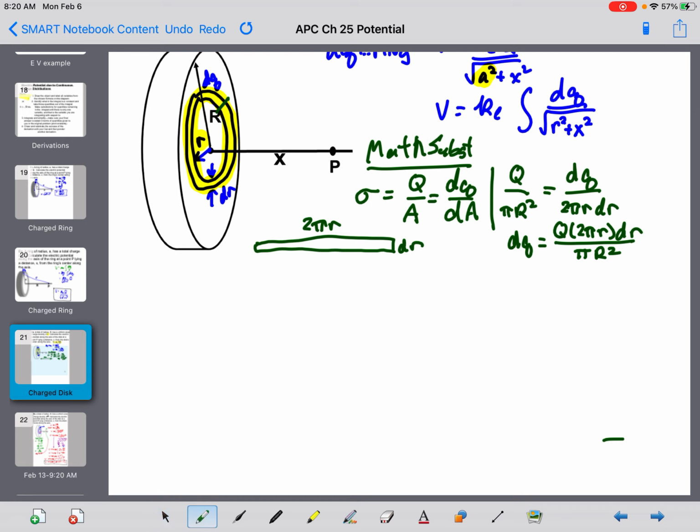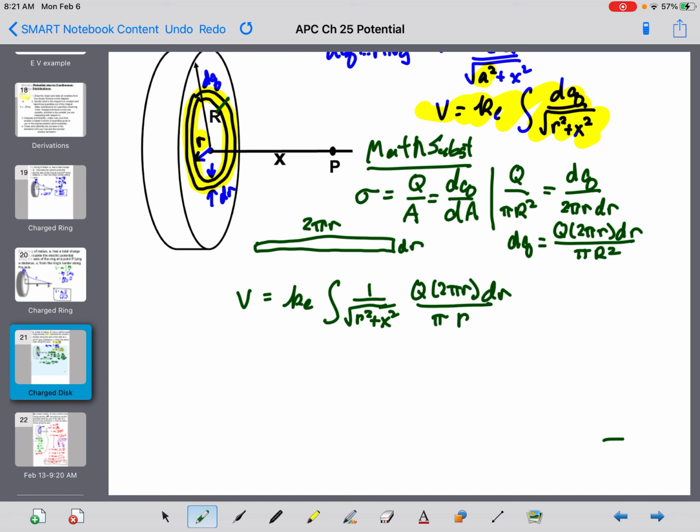If I substitute that dq into the equation from above, I'm going to end up with V equal to k sub e integral of 1 over the square root of r squared plus x squared, and then I have dq, which is capital Q, 2 pi r dr over pi times capital R squared. I'm going to divide out the pi on the next line.